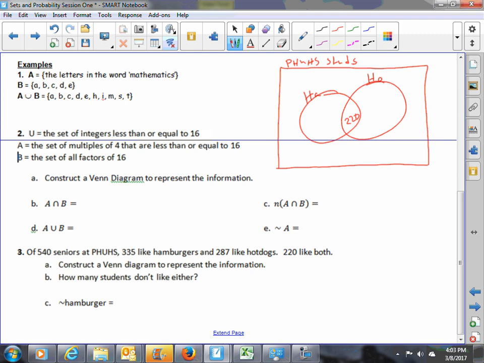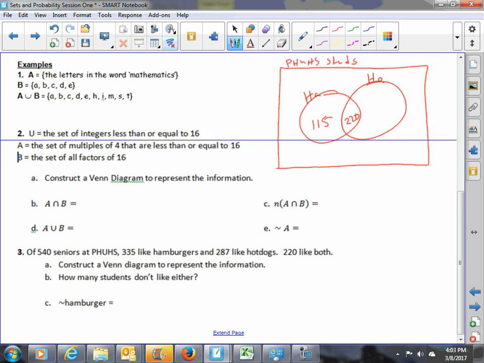Now, if you look at this, there's a total of 335 students that like hamburgers. So if we have 220 in here, then we need another 115 that like just hamburgers and not hot dogs, because then the number of students inside the HA circle is 115 plus 220, which is 335.